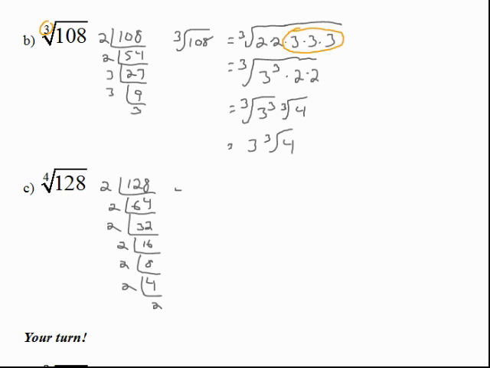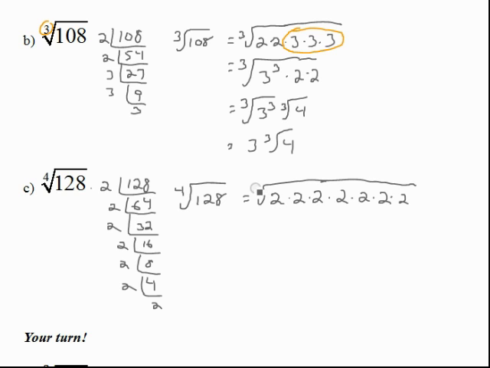And so we get that the fourth root of 128 equals the fourth root of 1, 2, 3, 4, 5, 6, 7 2's. So 2 times 2 times 2 times 2 times 2 times 2 times 2.